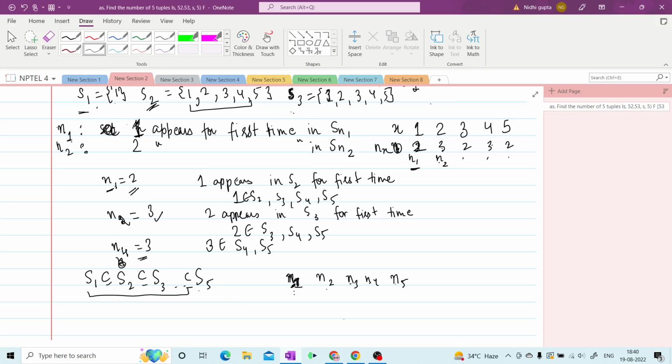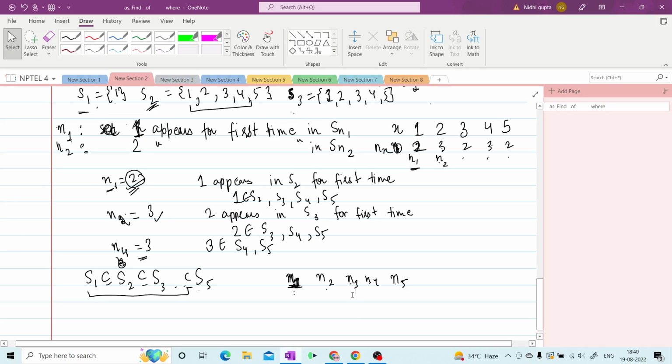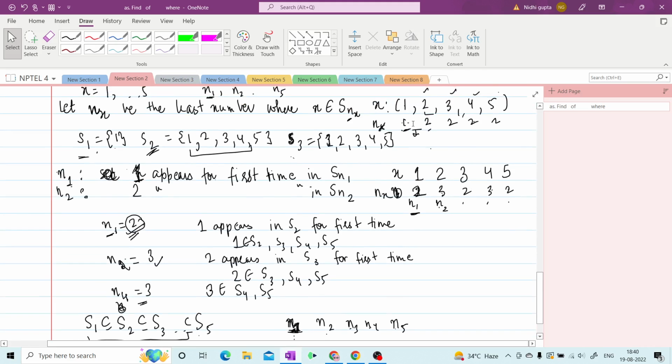What are the possible options for n1? 1, ma'am. So n1 is counting where 1 is going for the first time. Here you see we could take n1 equal to 2, and in the previous case we took n1 equal to 1.